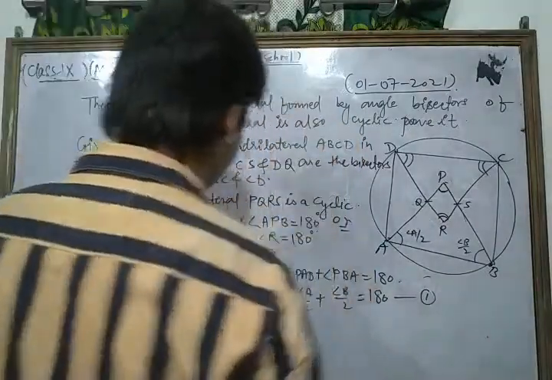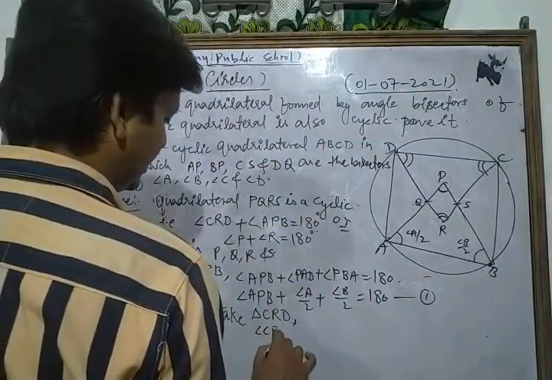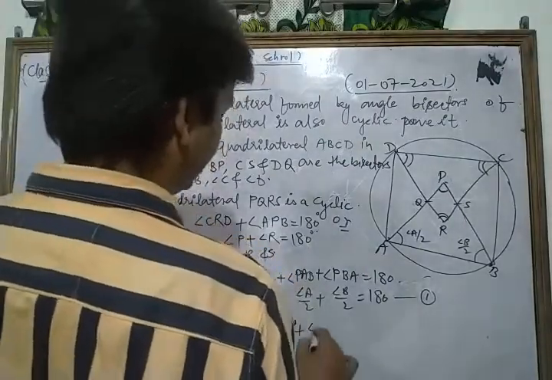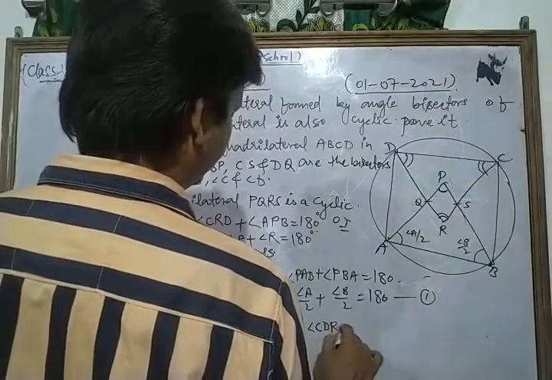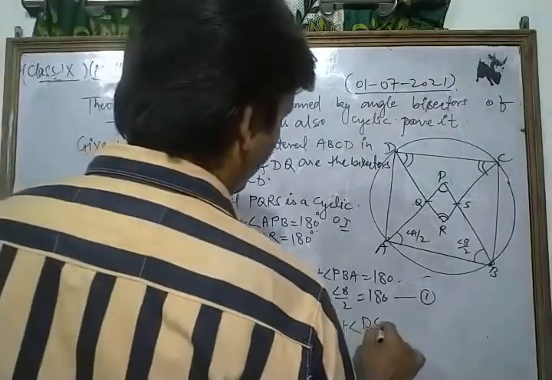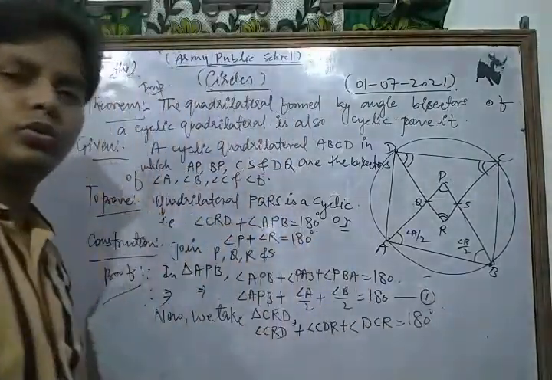So in triangle CRD, we again apply the angle sum property. So angle CRD plus angle CDR plus angle DCR is equal to 180 degree.